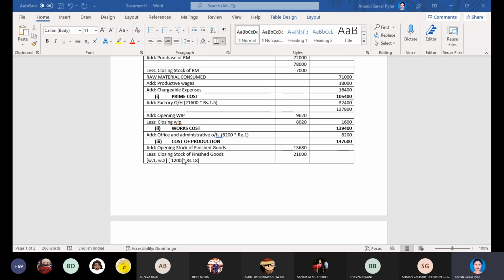It is clearly seen 1000 was their opening stock, now it's 1200. So 7920 is the negative figure we have. So the answer will be 139680.